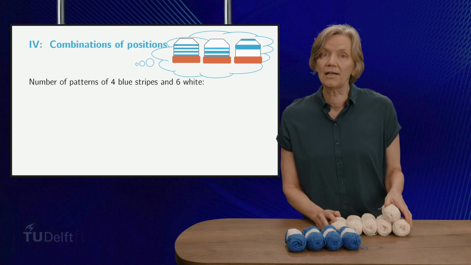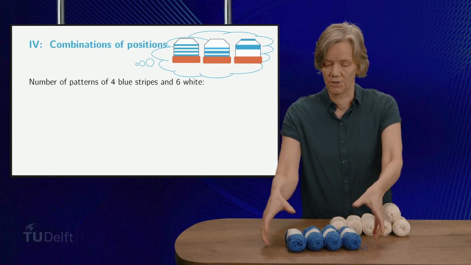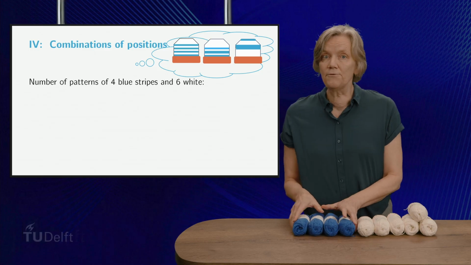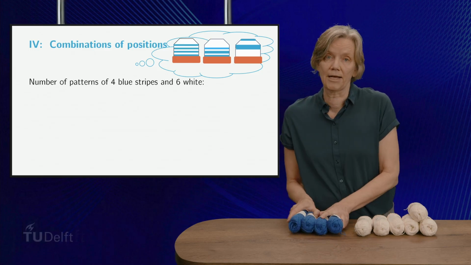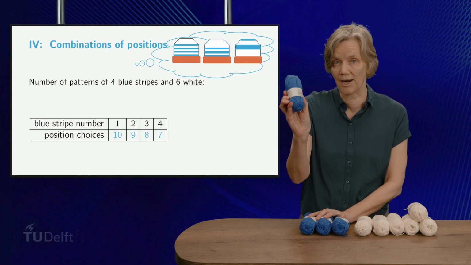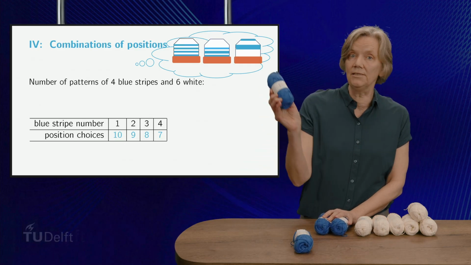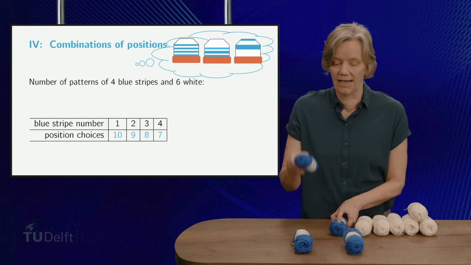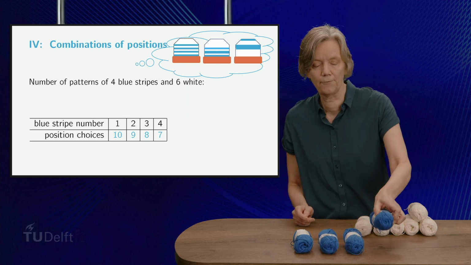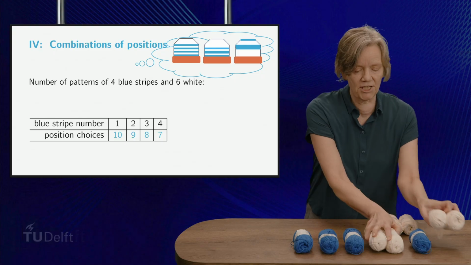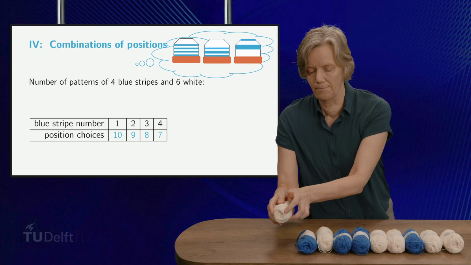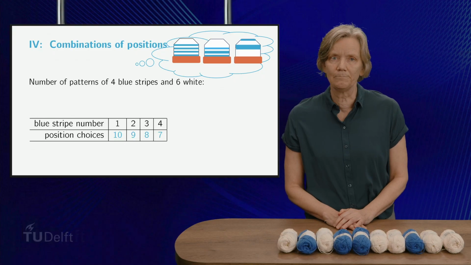Instead of choosing a color for each stripe, I'll do the reverse. I'll choose a position for each of the 4 blue stripes. For the first blue stripe, there are 10 positions. For the second one, there are 9 positions. Etc. for the fourth one. And the other positions are filled by the white stripes.